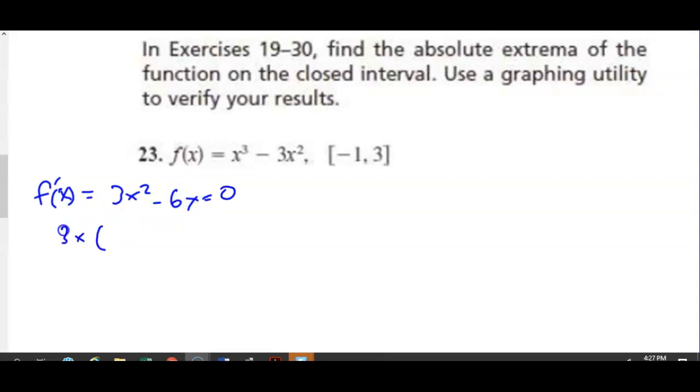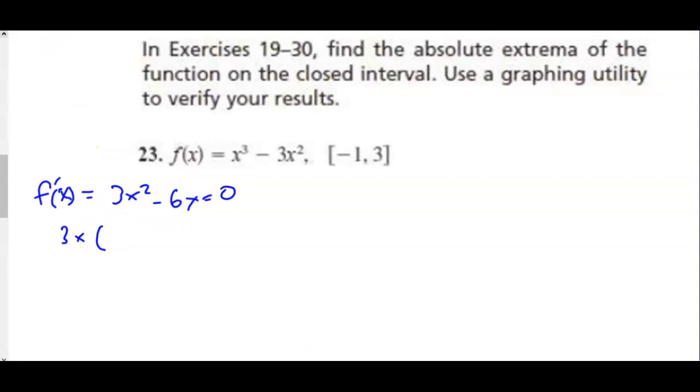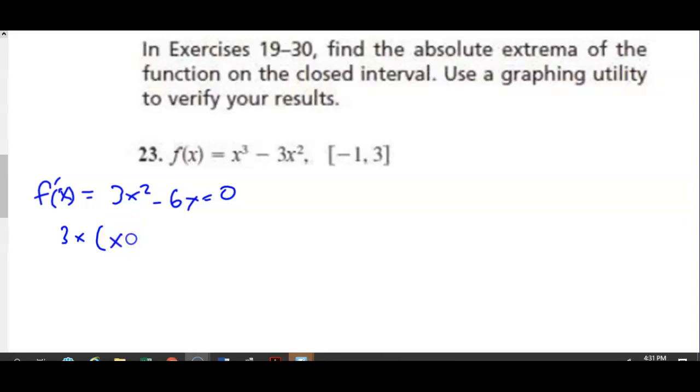So factor out 3x, and that leaves us with x minus 2. So we set each one of those equal to 0. This one gives us 0, and this one gives us 2. Again, those are our critical values.